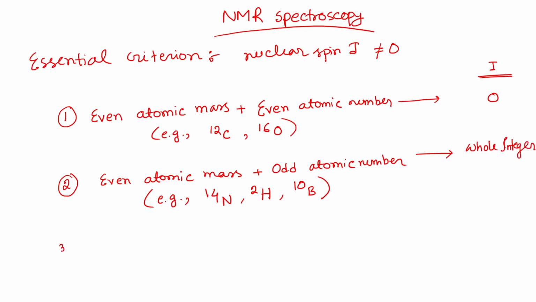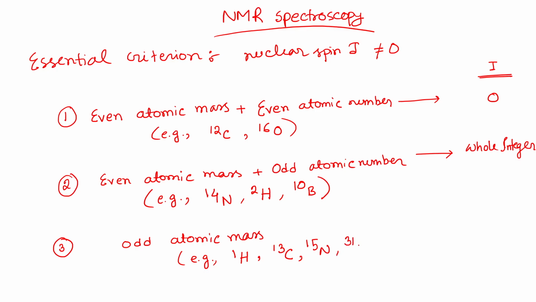What will happen in case of odd atomic mass? The most commonly used NMR is obviously the proton NMR, 1H, and 13C, or also 15N and 31P phosphorus.